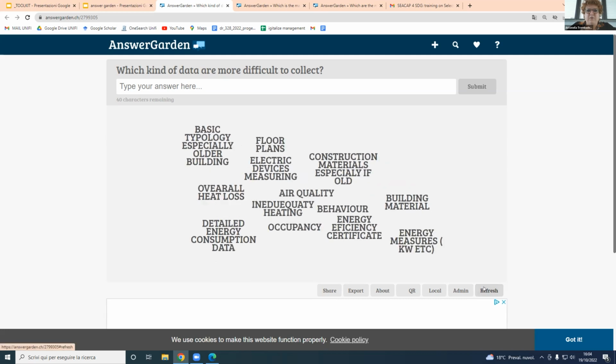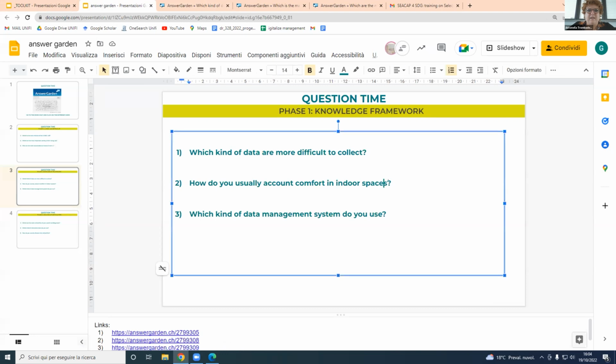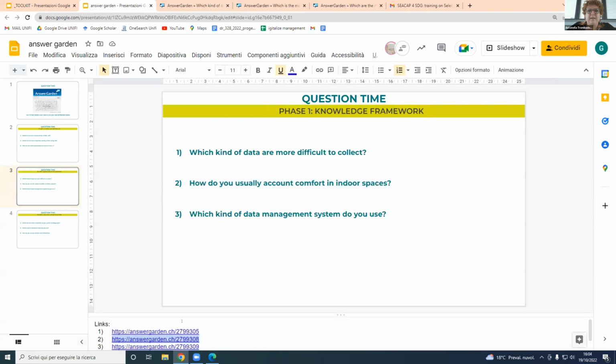We will save all of the sketch of this answer. Another question related to the knowledge framework is how do you usually account for comfort in indoor space?